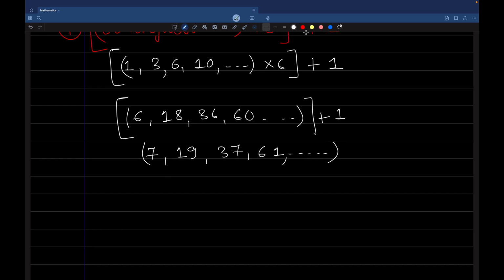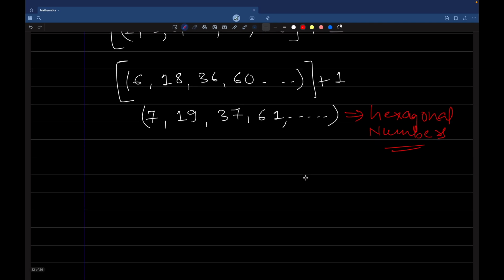If we observe these numbers, these all are hexagonal numbers. We have discussed hexagonal numbers in the last lecture in brief. Now let us try to visualize this 19 as a hexagonal number.